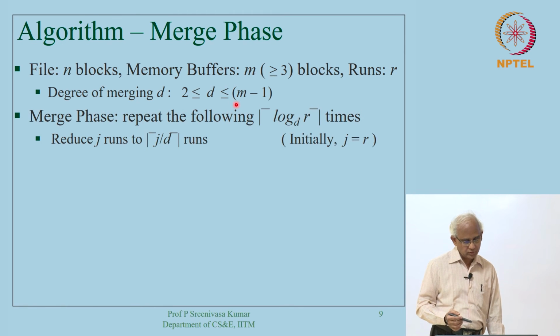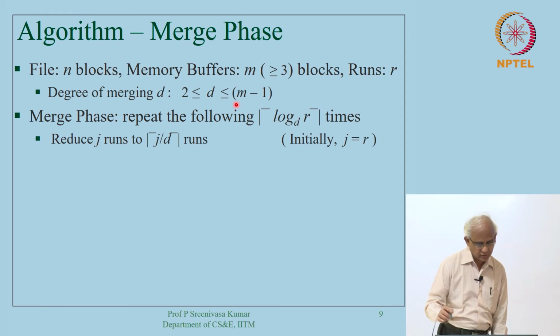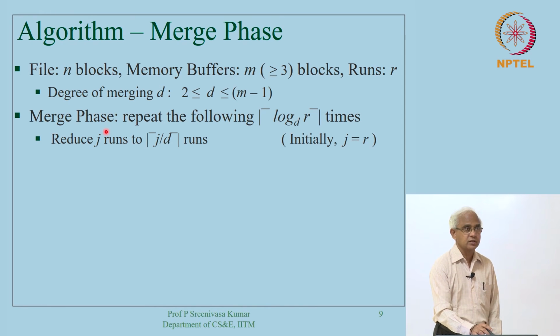So, now let us look at the algorithm. For example, the merge phase has this thing, repeat the following, we will see how many times it will come to. So, basic idea here is that if you have some number of runs, we will reduce this number of runs to runs divided by d.